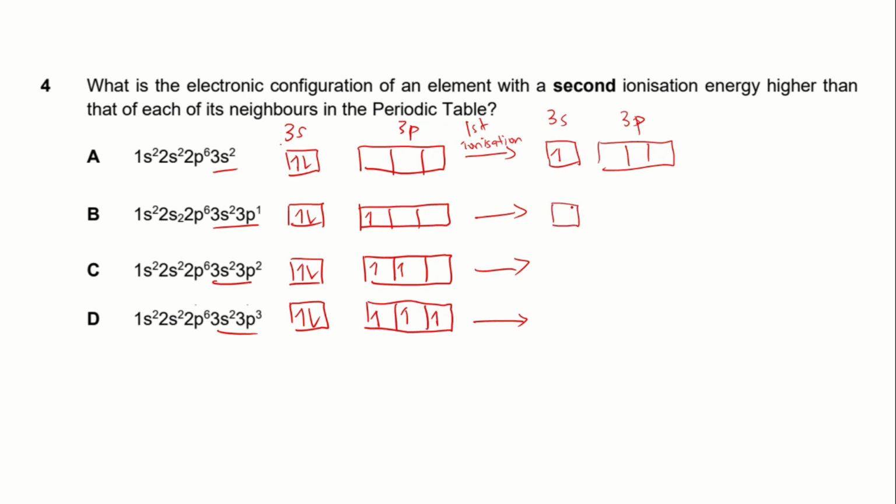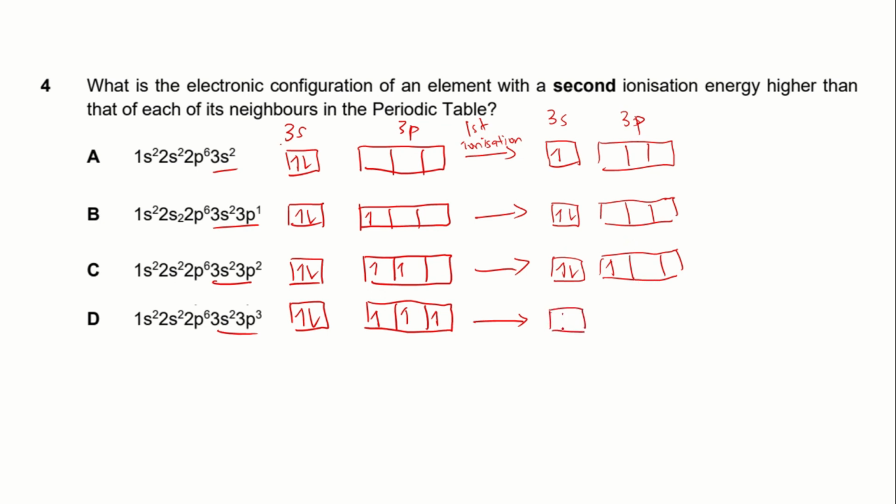For element B, we removed the 3p electron for first ionization, so there are 2 electrons in the 3s subshell, no electrons in the 3p subshell. For C, the 3s subshell is still complete, and because we remove 1 electron here, there's still 1 more electron in the 3p subshell.